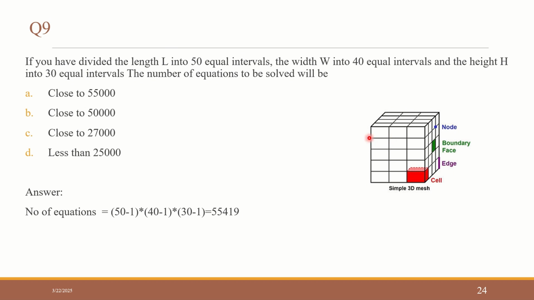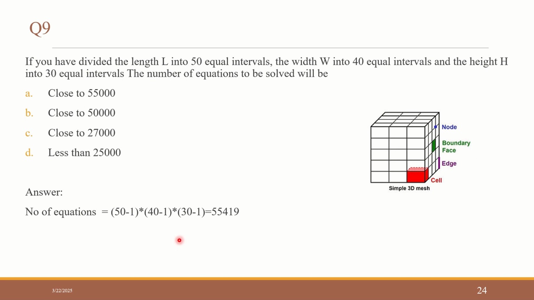So the total number of grid points in the domain will be the number of intervals plus 1. The total number of points excluding the boundary points will be number of intervals plus 1 minus 2 boundary points.